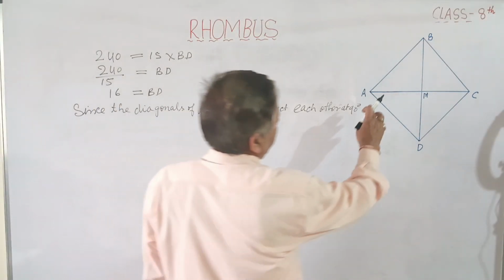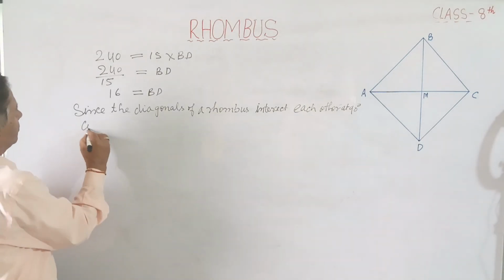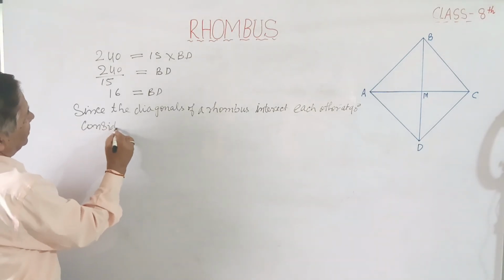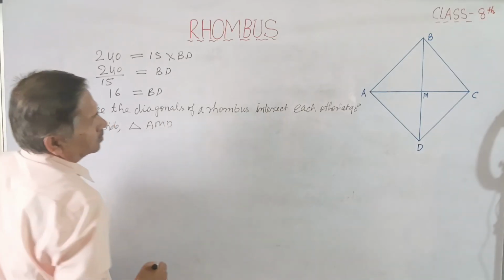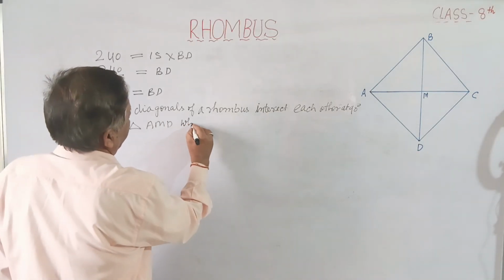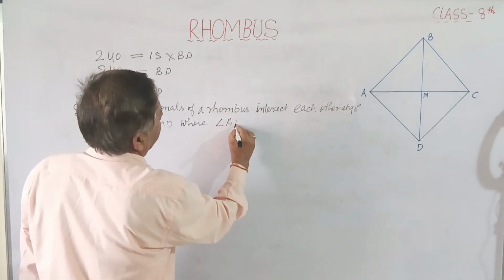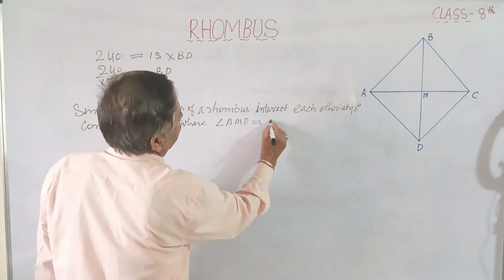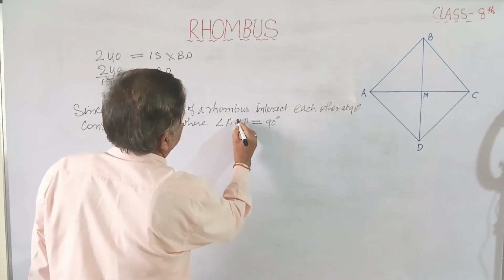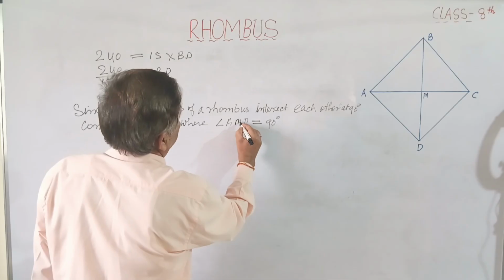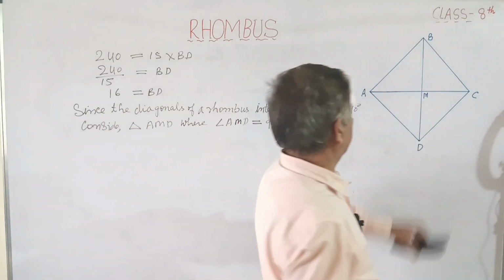So we will consider triangle AMD, where angle AMD equals 90 degree.